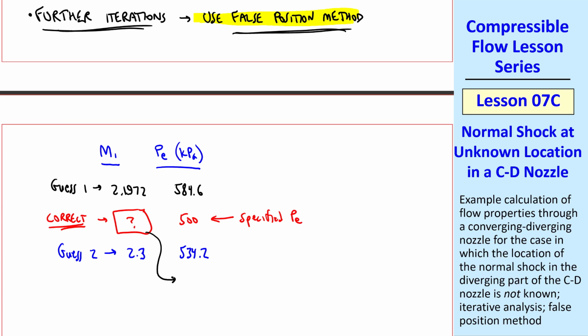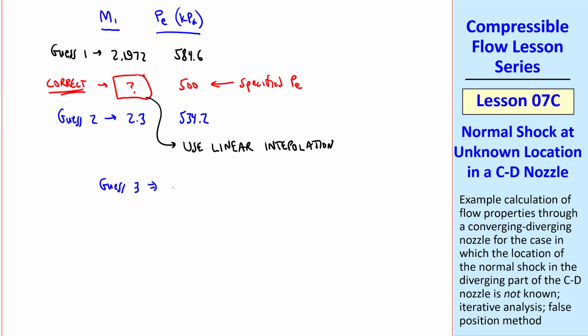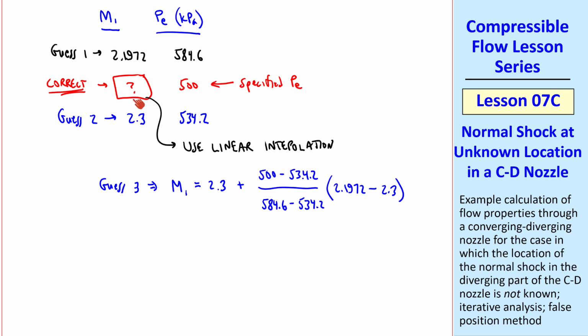With the false position method, we use linear interpolation to get our guess 3. For guess 3 then, M1 is 2.3 plus 500 minus 534.2, the difference between this and this, divided by 584.6 minus 534.2, the difference between the top value and the bottom value, times 2.1972, the top value, minus 2.3, the difference between these two, and we add the bottom value as our standard linear interpolation formula.